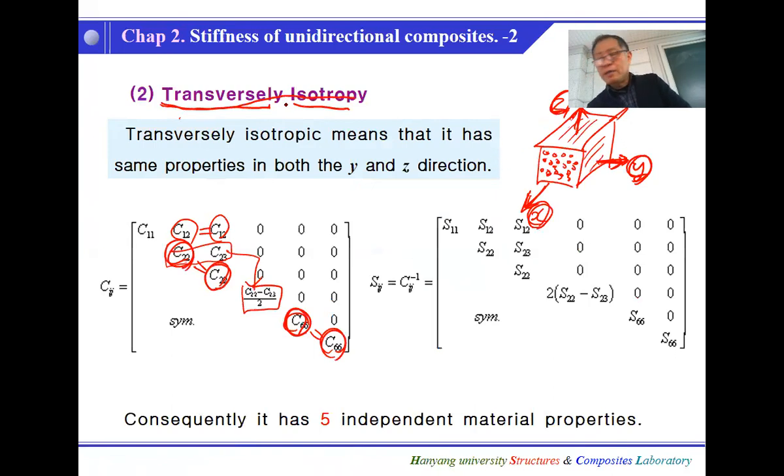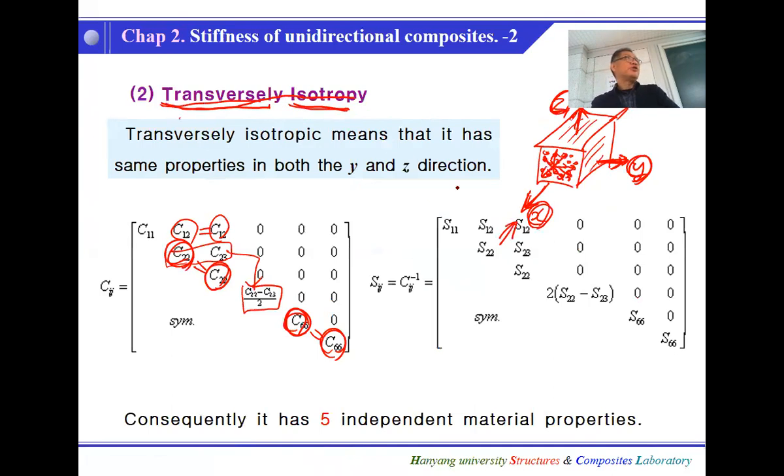Why is it called transversely isotropic? Well, if we look at it this way, then Y and Z, those two directions, can be called the transverse direction, and the material property in any direction will be isotropic only in this plane. That's why it is called transversely isotropic.